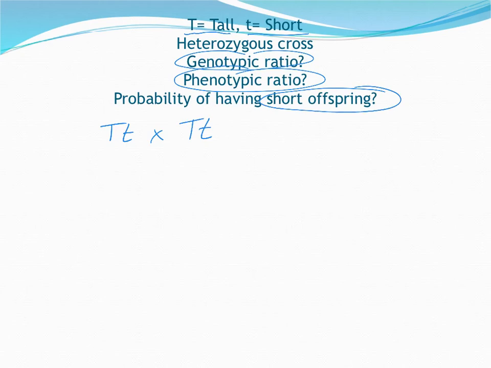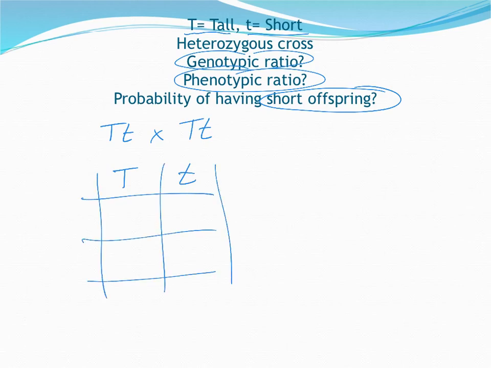Okay, the parents would give either a big T or a little t from the first one, and the same, a big T and a little t, from the second one. When we fill in our Punnett square, this is homozygous dominant, this is heterozygote, heterozygote, homozygous recessive.